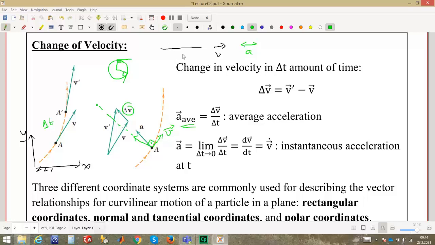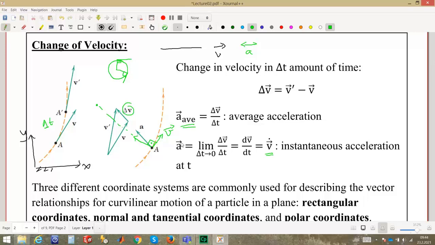For the rectilinear case, you don't have to define it as vectors, but for the curvilinear case we have to, because it's going to have two components in a plane. In three-dimensional space, it's going to have three components. So as we take this delta t to 0, so an infinitesimally small time has elapsed, we find the instantaneous acceleration calculated at time t.